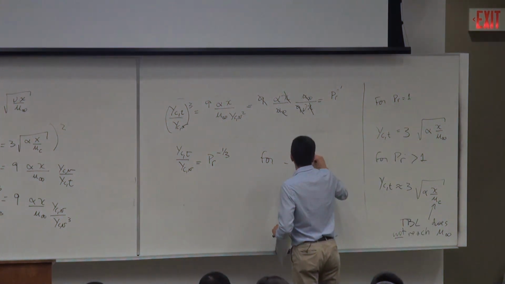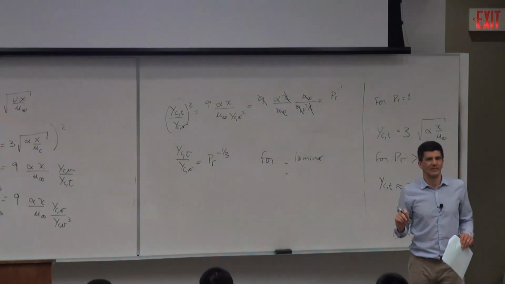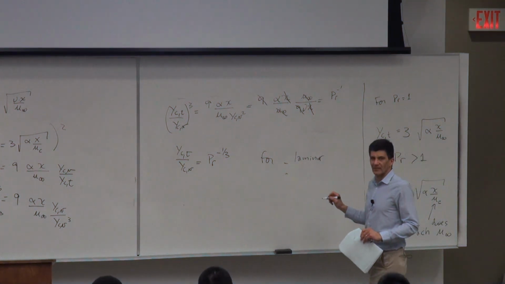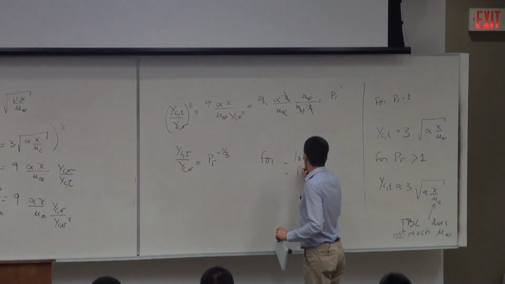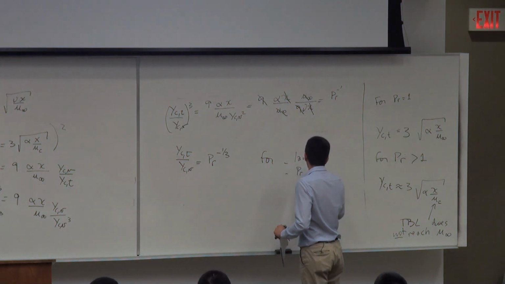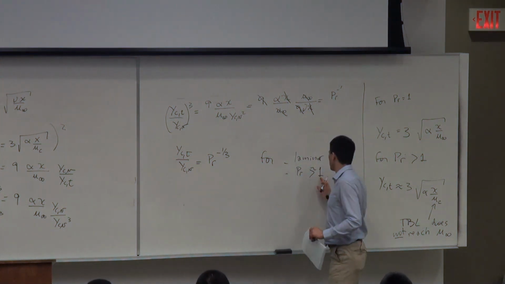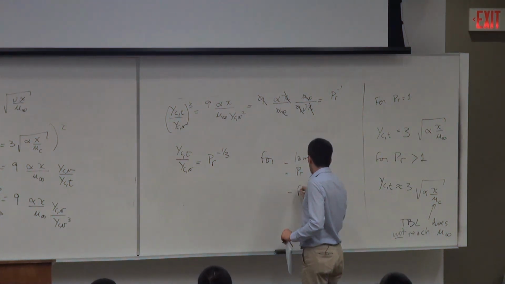Laminar, what else? Yeah, flat plate, I like that. You mentioned Prandtl. This is for Prandtl more or less equal or bigger than 1, right? You mentioned flat plate, I'm proving it for flat plate.